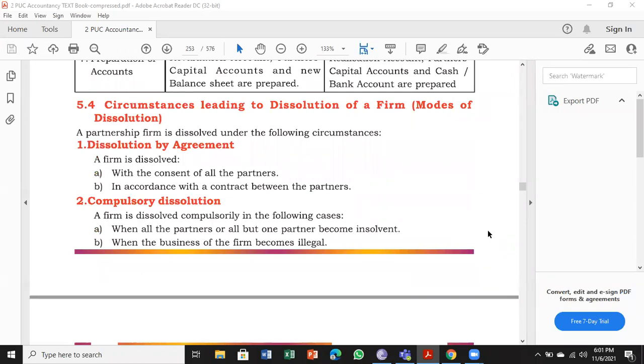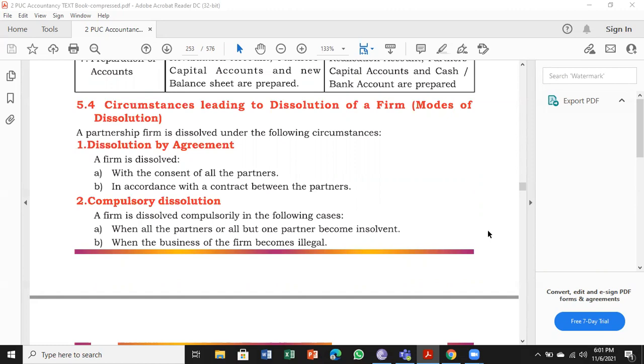The next one is circumstances or situations which lead to dissolution of a firm. I can say under which situations, which circumstances the partnership business is being closed.